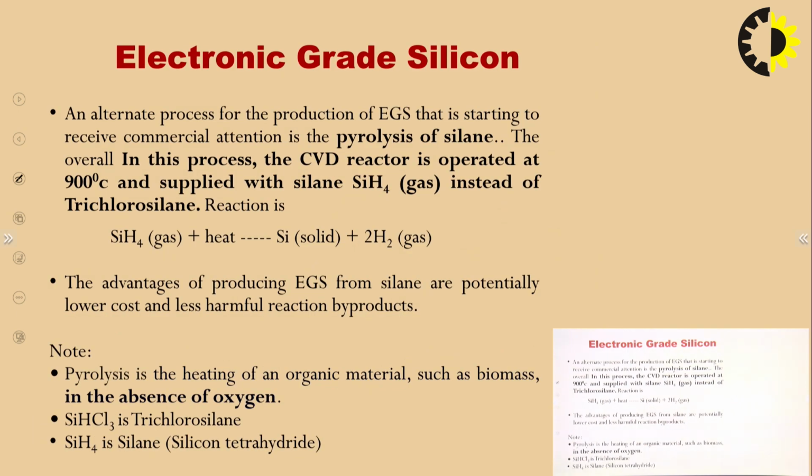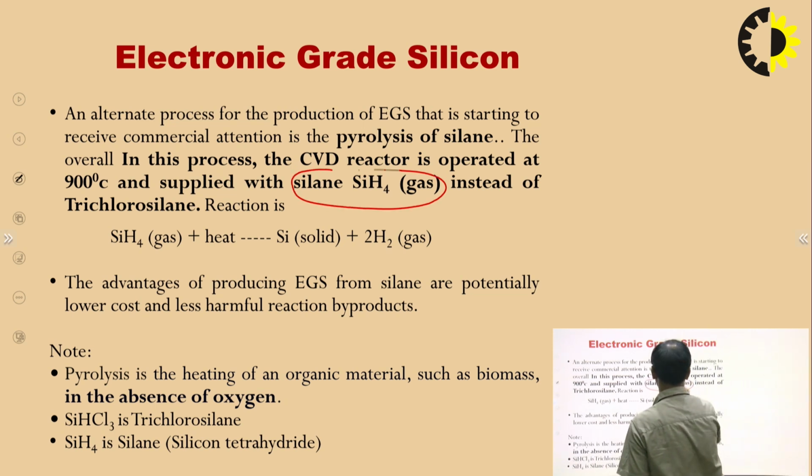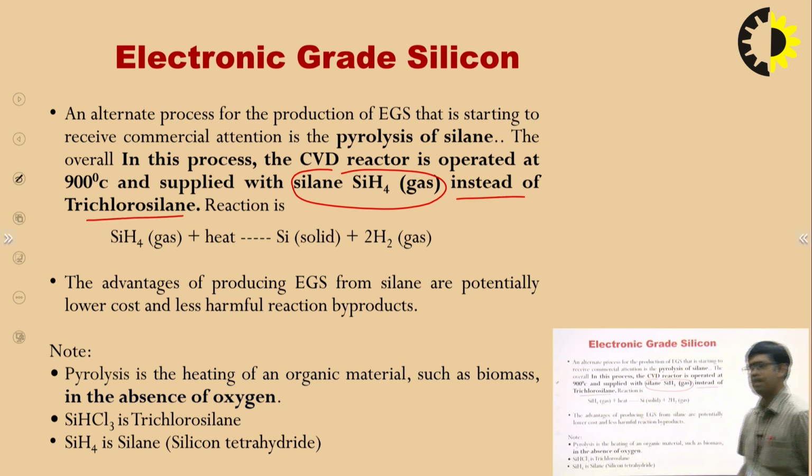Now one more important alternative process that can be used to produce electronic grade silicon is using silane gas instead of trichlorosilane. So from MGS to reach EGS, either we can use trichlorosilane gas or we can use silane gas.